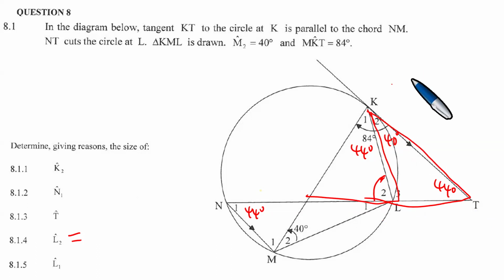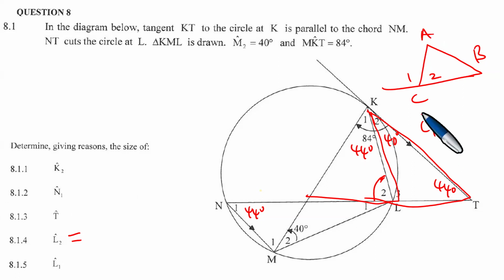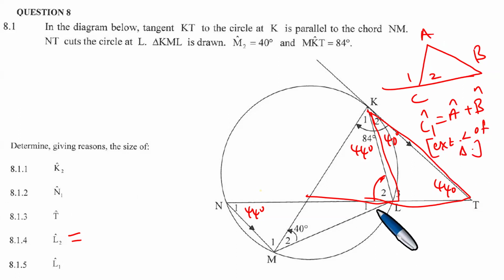If they mark angles 1 and 2, and this is C, A, B, then they say angle C1 equals angle A plus angle B. This is the exterior angle of a triangle equals the sum of the interior opposite angles. So it is the same one. We can say L2 is this one plus this one. We've already got that in there.